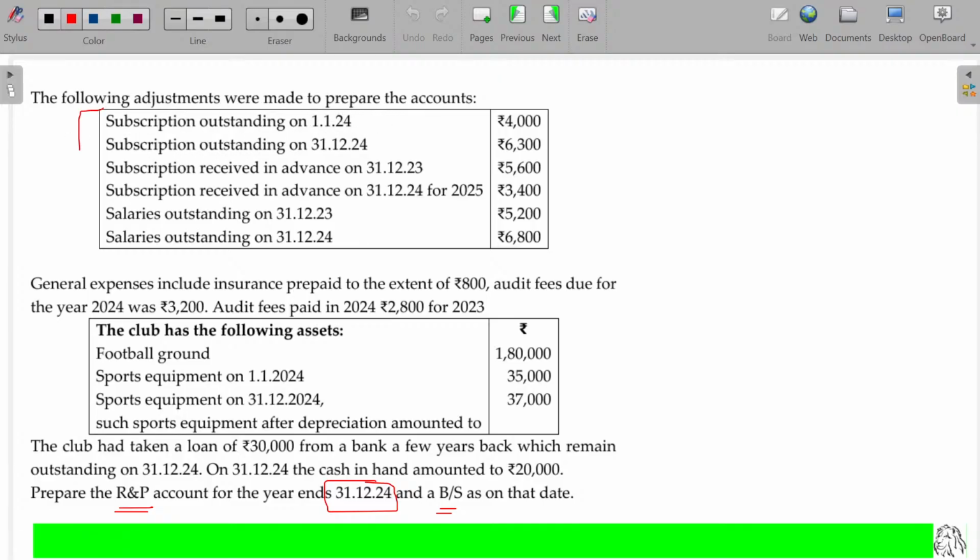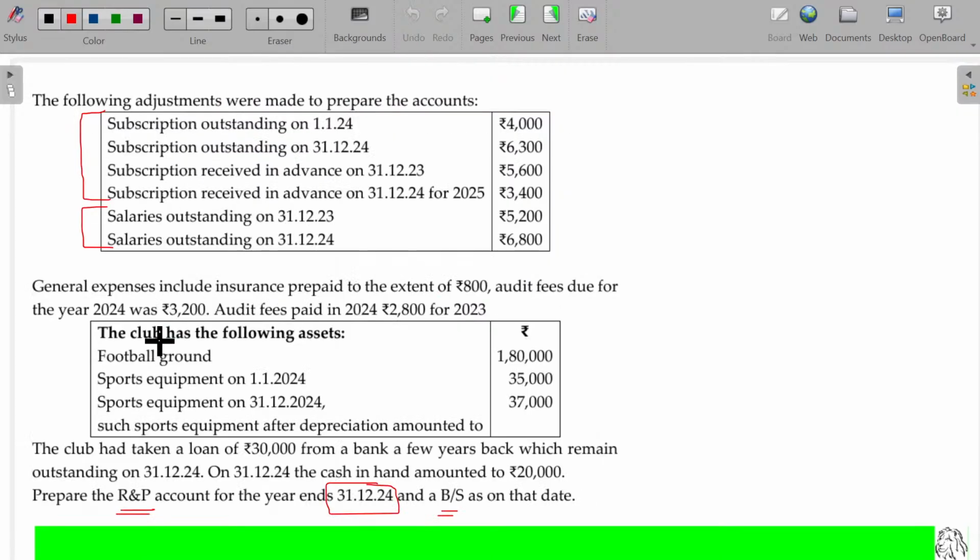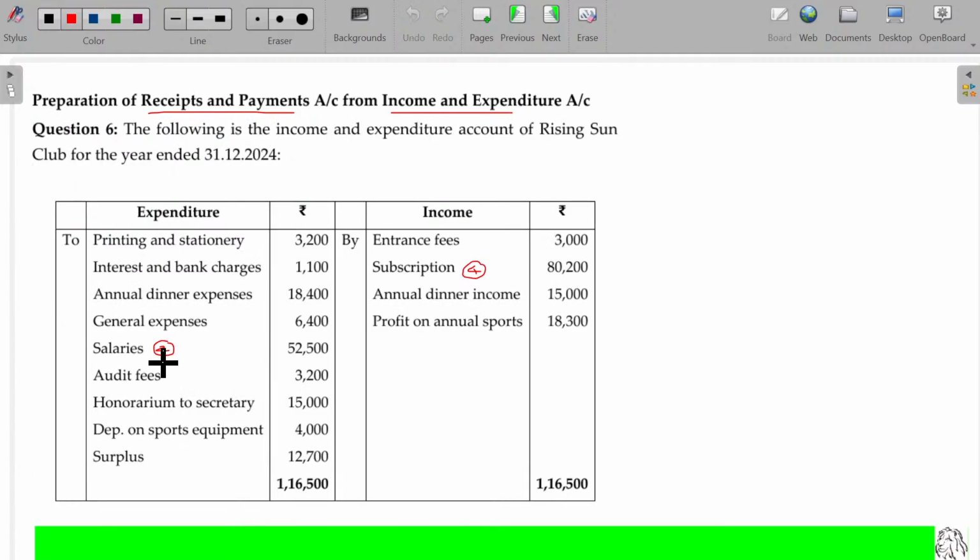We have been given 4 adjustments for the subscription and 2 adjustments for the salaries. In subscription, we have advances as well as outstanding in the current year as well as the previous year. For salaries we have only outstanding.